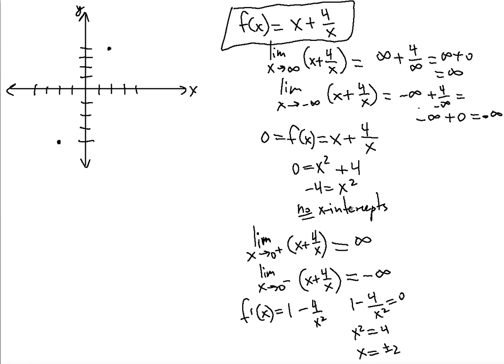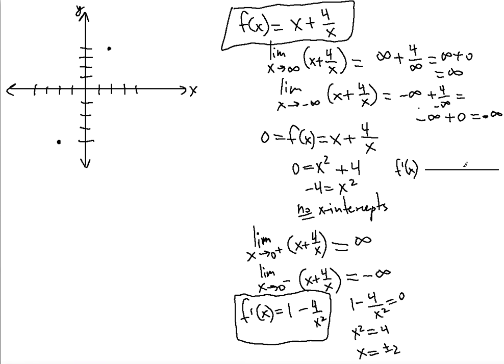So now let's use the number line really quick for the first derivative and see what's going on on different sides of those values that we found. We know that at 0 the first derivative is undefined, right? Because this is the first derivative equation, if you plug in 0, you will get an undefined answer.